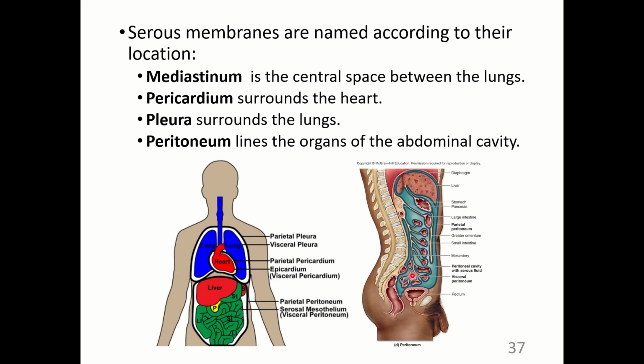Those are the digestive organs surrounded by peritoneum. So the peritoneum that touches those organs is the visceral peritoneum. The peritoneum that is attached to the body wall is the parietal peritoneum. And the space inside is the serous fluid.